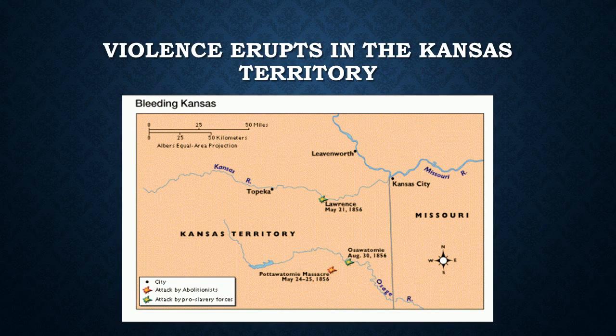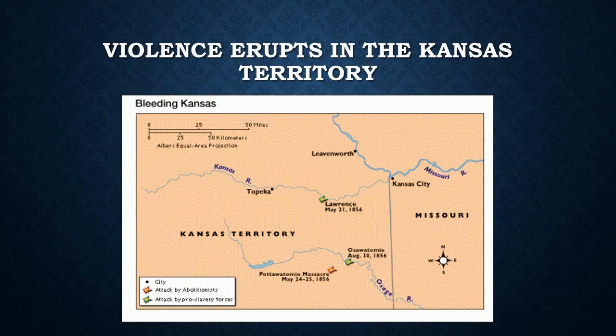You can see on this map, in May of 1856, at a place known as Pottawatomie Creek, John Brown and about 30 of his followers, all of them abolitionists, attacked and massacred pro-slavery settlers coming in from Missouri. These settlers were hacked to pieces and their body parts strewn across the road leading into Kansas as a warning to any other pro-slavery settlers as to what would happen to them.